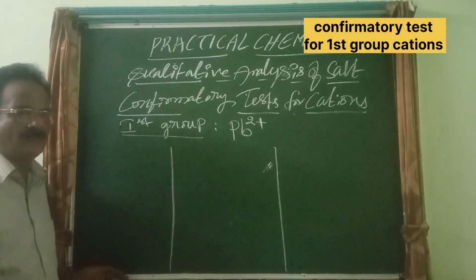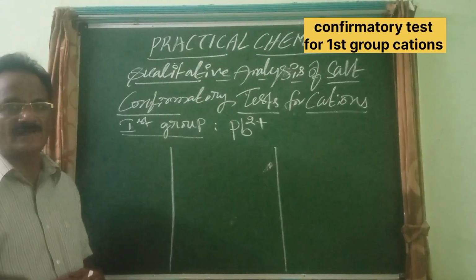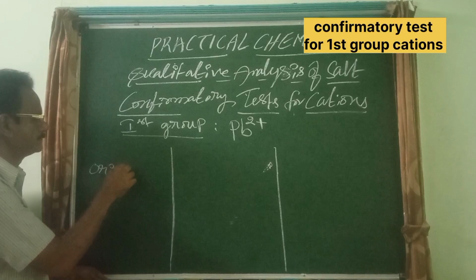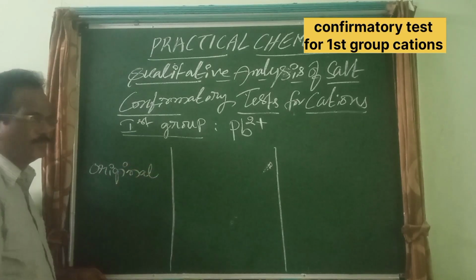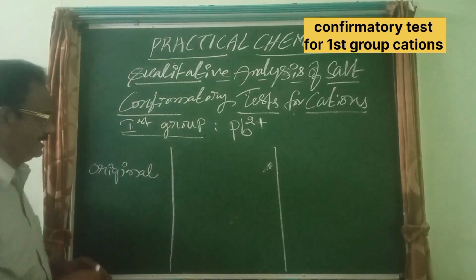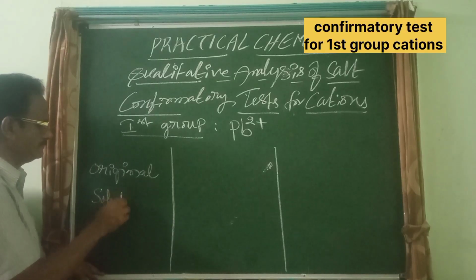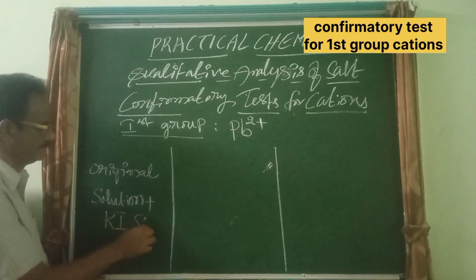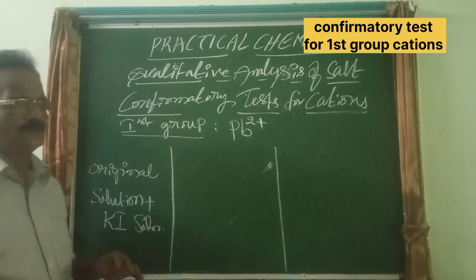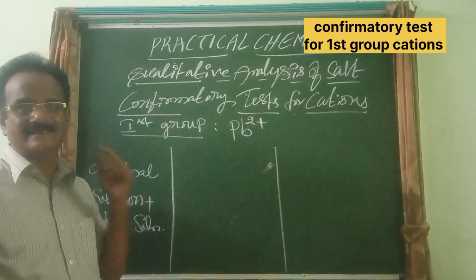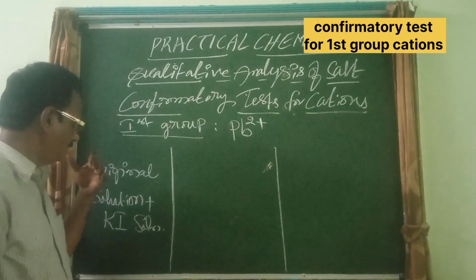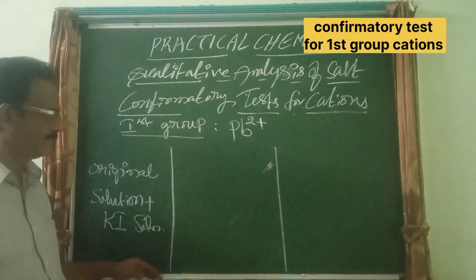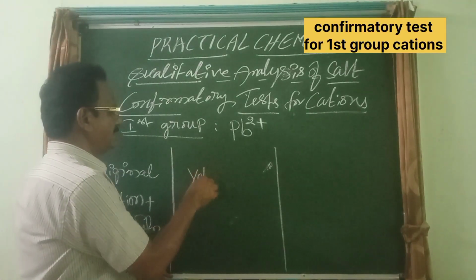The presence of lead confirmed by adding potassium iodide to original solution. Okay, original solution plus KI solution. If lead is there, when the original solution is added with potassium iodide solution, yellow precipitate will be formed.